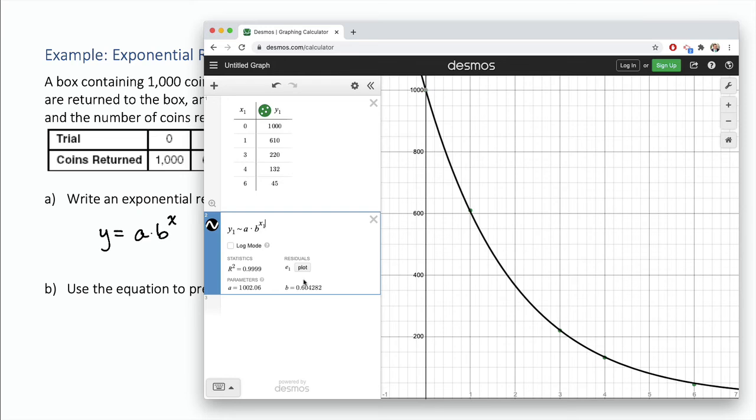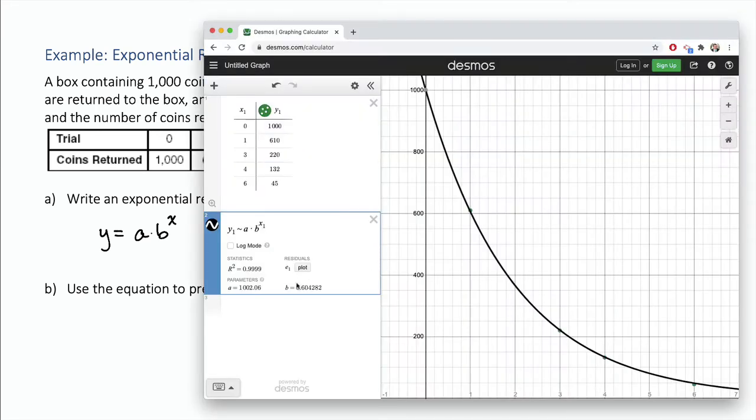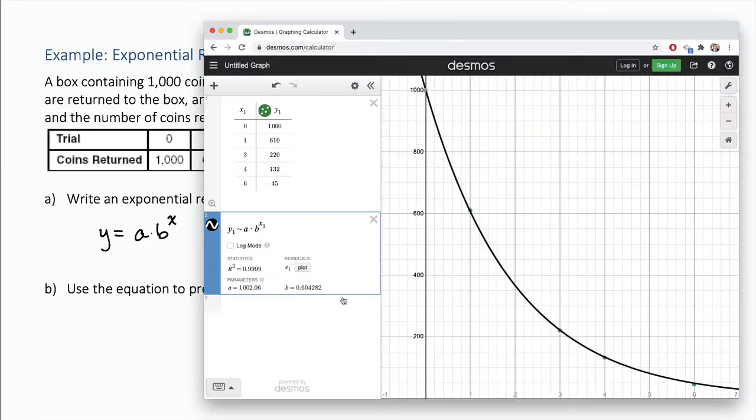So I've got 1002.06 times, and for b, I'll round this to 0.604 to the x. Oh, and sorry, we're to round to the nearest 10,000th. I should make sure I'm reading my instructions. This didn't give me to the 10,000th, so I'm going to click on a, and it's going to tell me even more decimals.